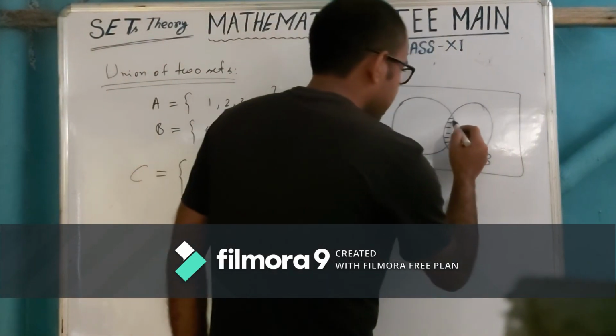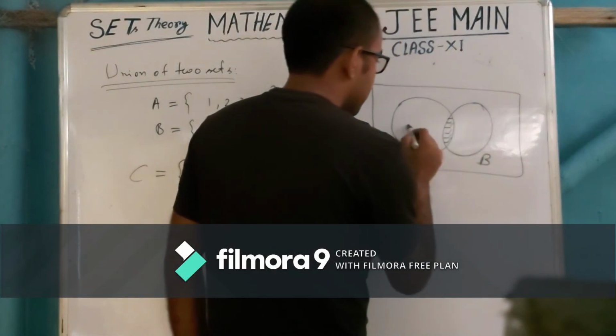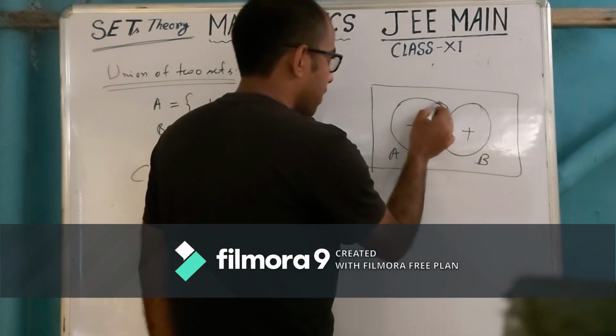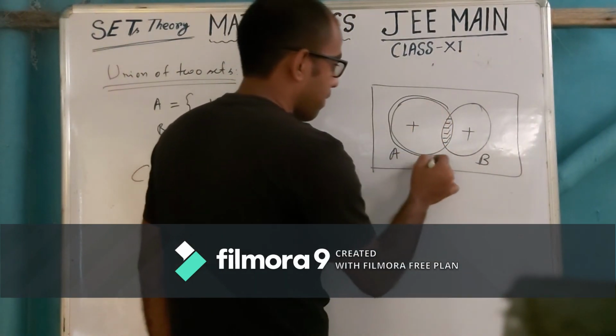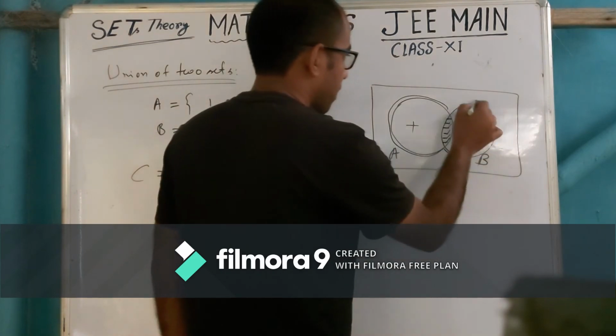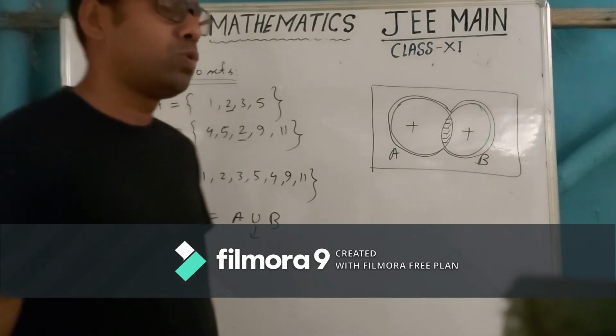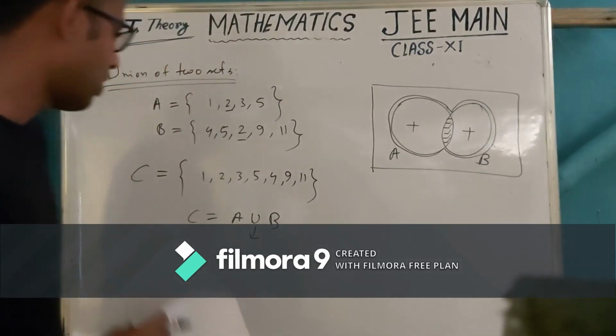This area plus this area plus this area, that means this whole area, belongs to the union of two sets. So the definition.